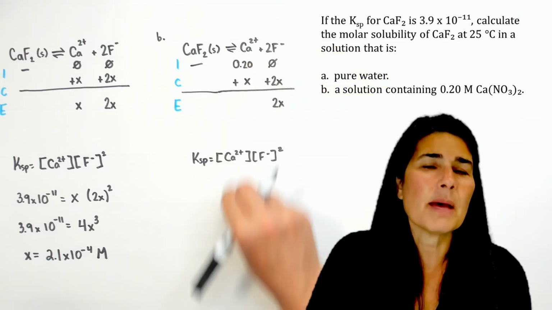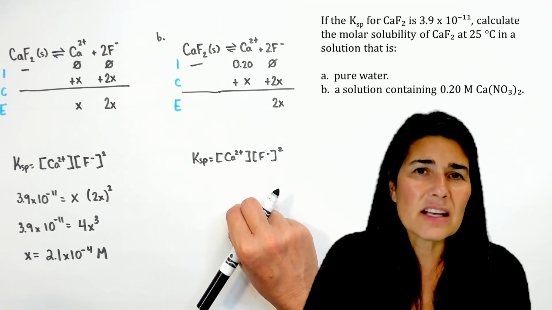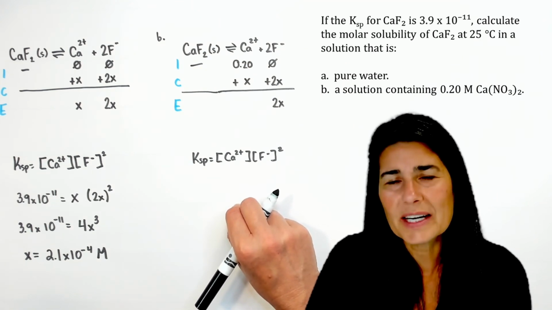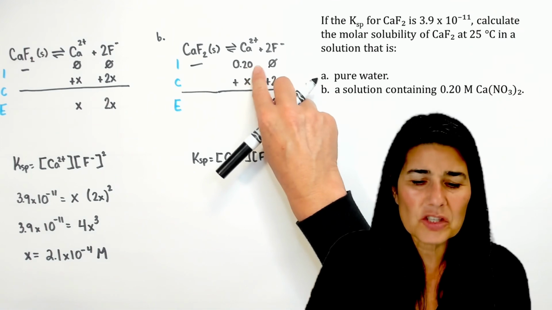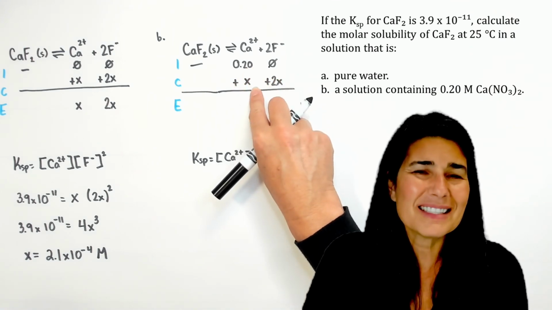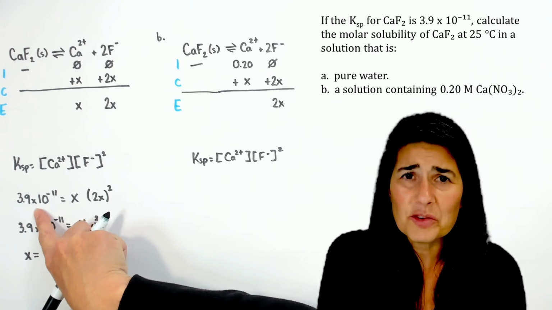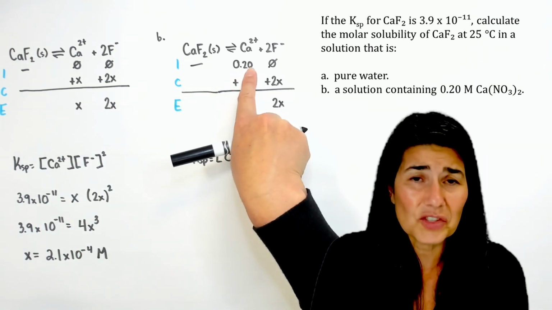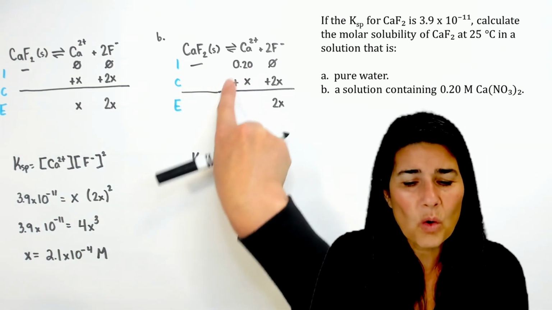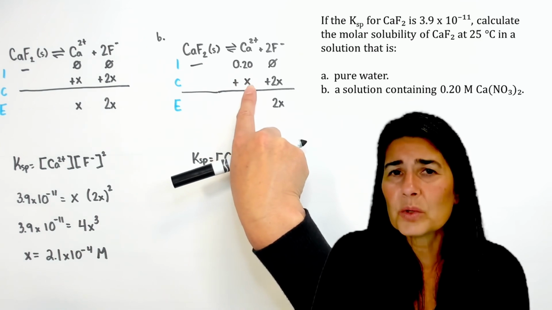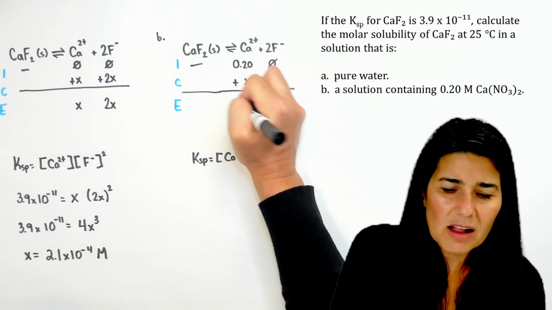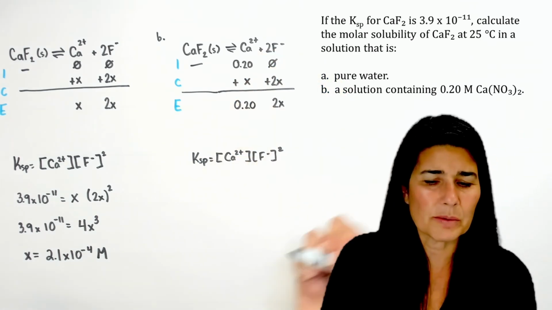The calcium, on the other hand, we're going to be able to rule of 100 this. It is 0.20 plus X, but since the equilibrium constant is incredibly small, 100 times K is less than my start, we're going to be able to ignore this X term and simply call it 0.20.